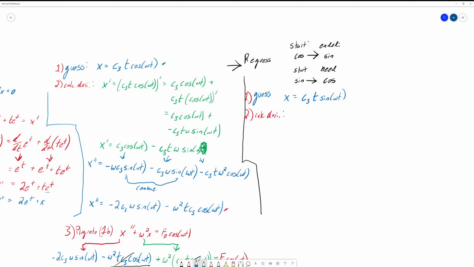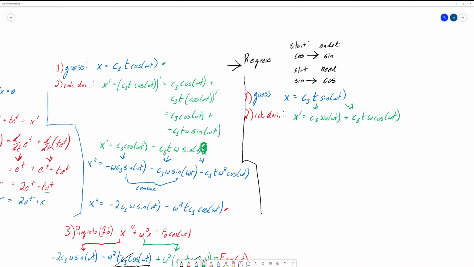That is going to be the derivative of x with respect to t, and we're going to do the t first, is going to be c3 sine of omega t, and the derivative, again, this is from the product rule of sine, is going to be cosine, so we're going to have plus c3 times t times omega times cosine of omega t.